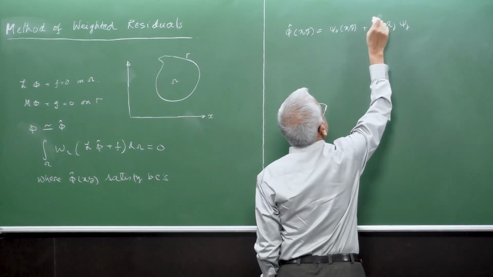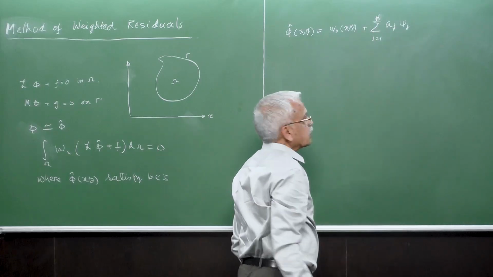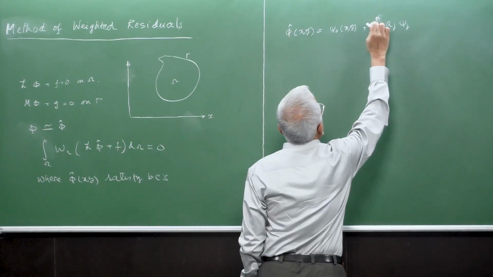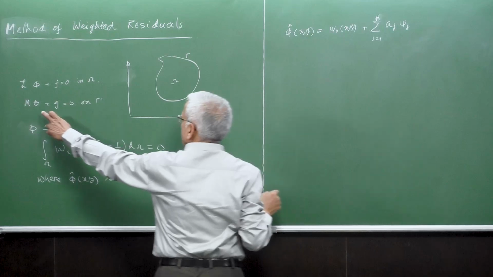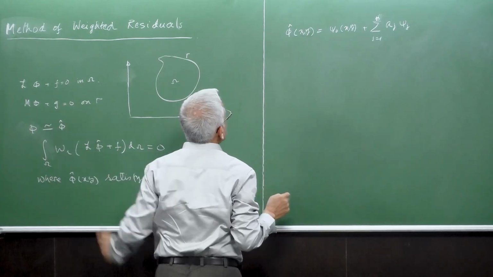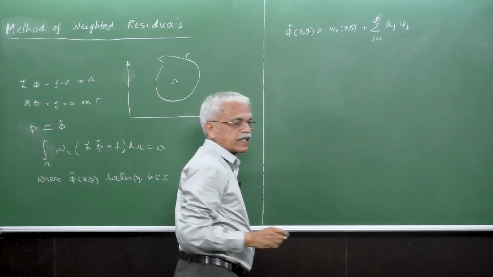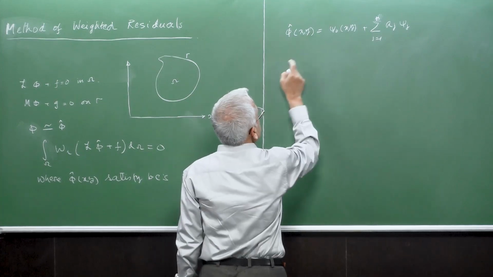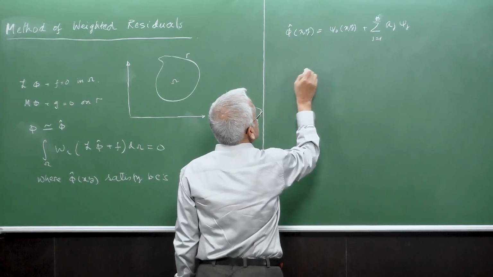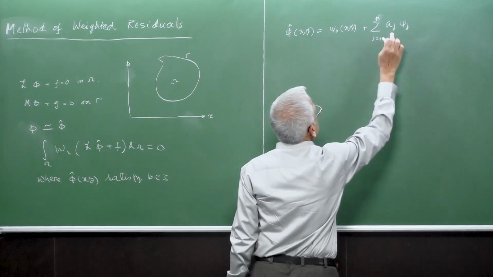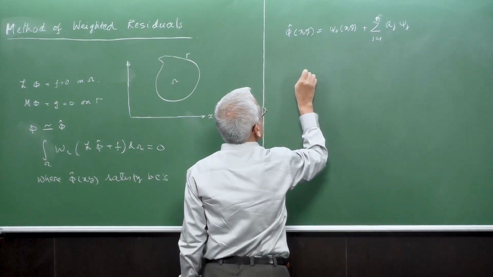So that this satisfies the boundary condition here, and if M phi hat plus g is equal to 0, then the condition on this one, if you put M here on both sides, where a_j are the undetermined coefficients which we are going to find.